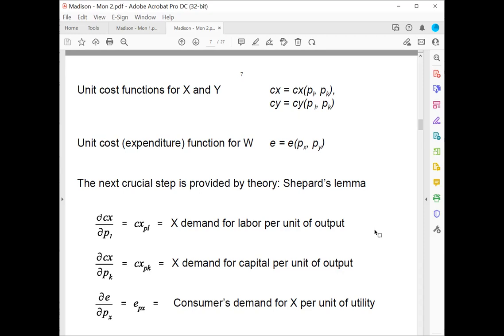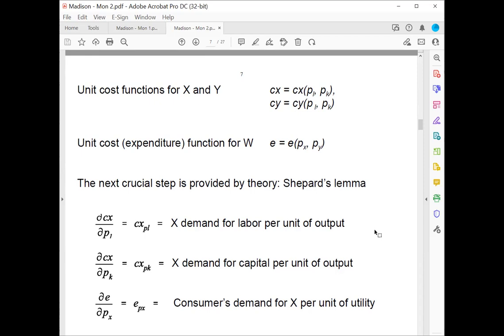Minimum cost of producing 1 unit of Y is a function of those same prices. And then on the consumer side, if we're going to use the Hicksian approach, which I'm going to emphasize a lot today, we solve for the cost function. We've traditionally given that a different name in economics. We call it the expenditure function, but it is a cost function. It's the minimum cost you have to expend to buy 1 unit of utility at prices PX and PY. So it's solved for in exactly the same way as production technology cost functions.